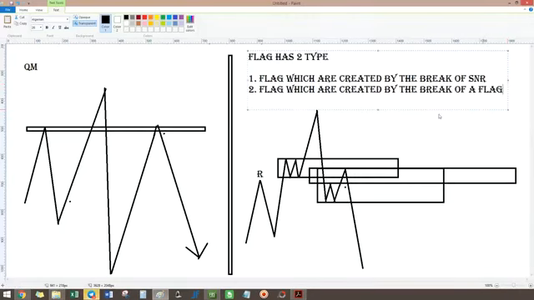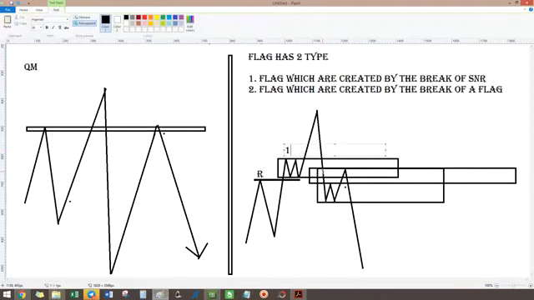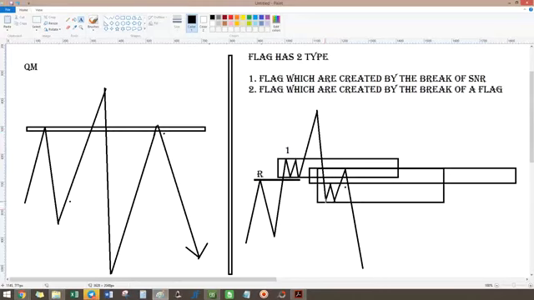So you got type 1 here, resistance break. You got number 1 here, and then price drops. It makes a flat first, engulf, deepest retrace, but it retraces.